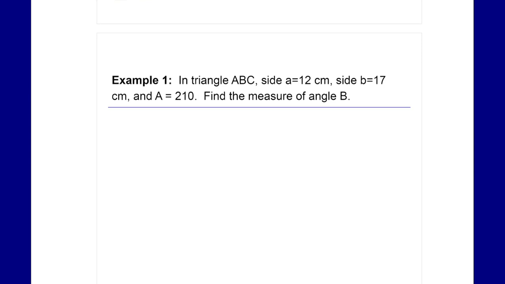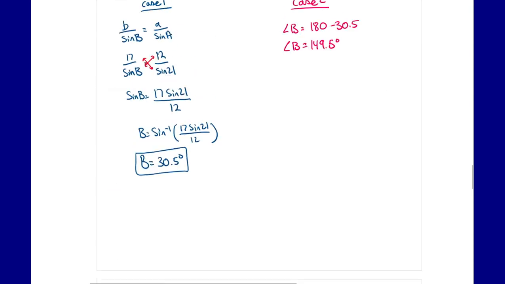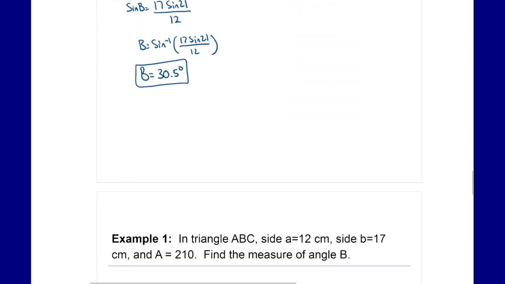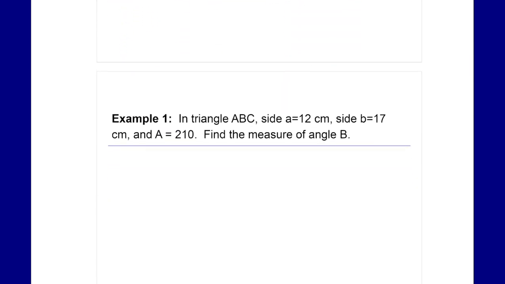Example 2, similar idea. I don't think the exact same values. Right, so let me go through and change this up just to match the notes. So A is going to be 8. It's going to be triangle ABC.